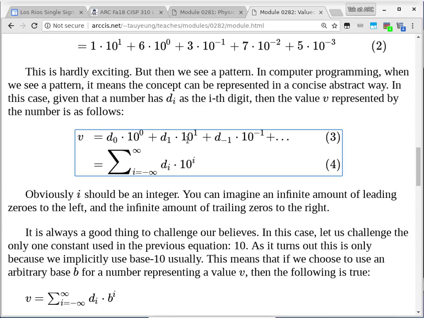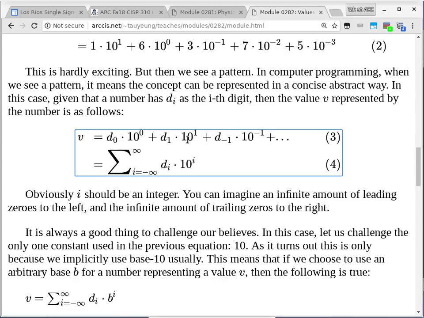D0 is the one that is immediately to the left-hand side of the point. D minus 1 is the one that is immediately to the right-hand side of the point, and so on. But I single out one single digit and then multiply that by a power of 10 that is related to the place of the digit itself. So the further to the left, the higher the value of i, and the higher power of 10 I'm multiplying it with. Is that okay?